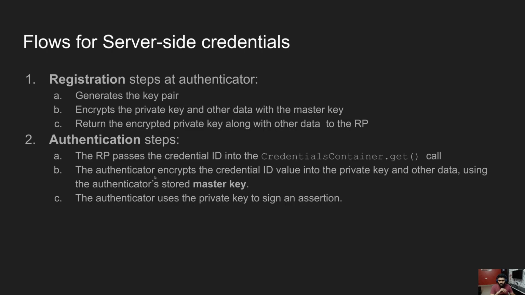Then, here this is wrong. This will be decrypt. So the authenticator will decrypt the encrypted private key using the master key. Then it will have the private key, and using that private key, it will sign the challenge. And then the RP server can verify the challenge using the public key.